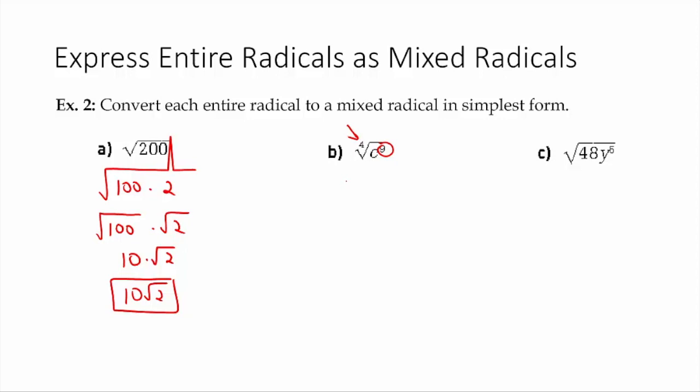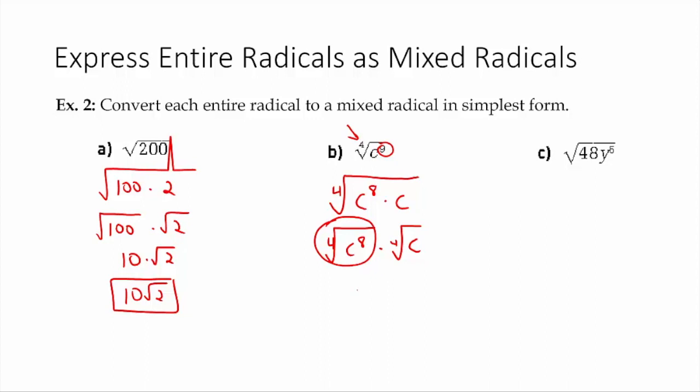So c to the power of 9 isn't going to work, but if I take the quad root of c to the power of 8 times c, well, c to the power of 8 times c is still going to give me c to the power of 9, but look what I can do now. I can split up c to the power of 8 times the quad root of c, and now I have this particular term here, and I know that what times what times what times what gives me c to the power of 8?